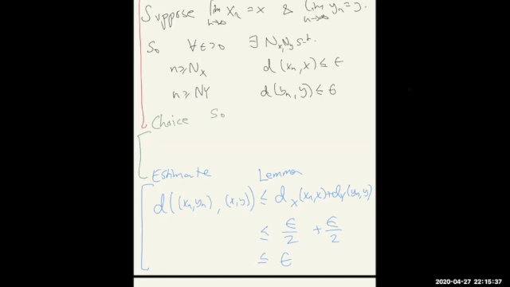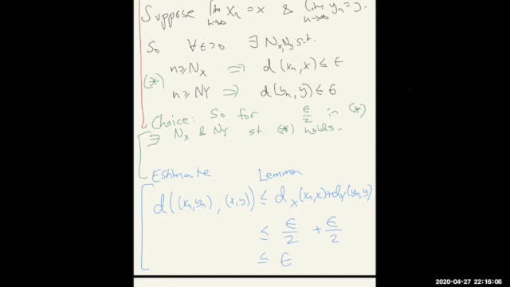For epsilon over 2, in star, there exist n_x and n_y so that star holds. We should put the implications here. This way we don't have to repeat the statement.